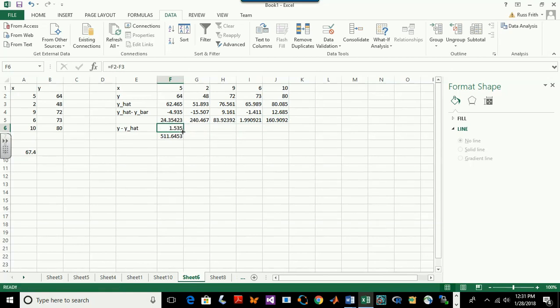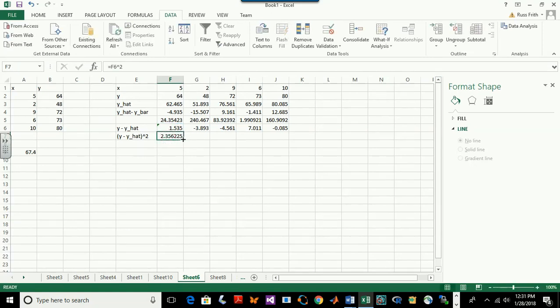I should be able to grab this cell and drag it. Okay, yes, so there are your y minus y hat values. And so we need to square these. So y minus y hat squared, and this would equal this quantity squared.